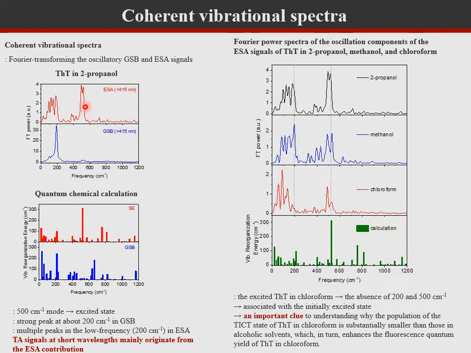These experimental observations, together with quantum chemical calculation results, led us to conclude that the TA signal at short wavelengths below 450 nanometers mainly originated from the ESA contribution.